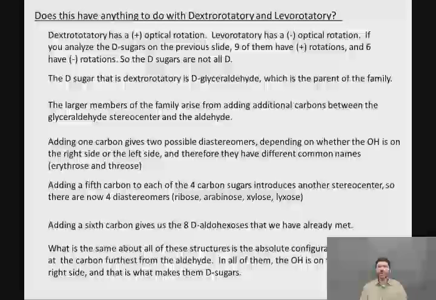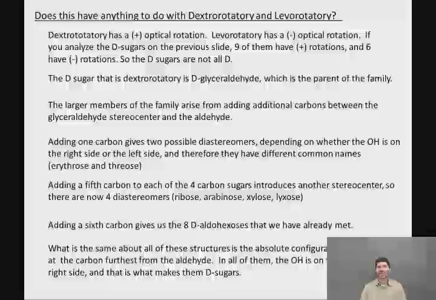So does this have anything to do with dextrorotatory and levorotatory, which are words that start with D and L and may come to mind if you think about the letters D and L? Well, dextrorotatory, of course, is the other word for something having a positive optical rotation, and levorotatory is the word for something having a negative optical rotation.